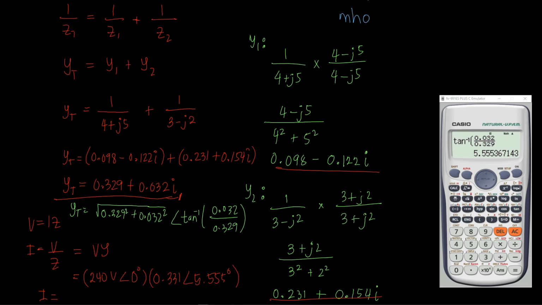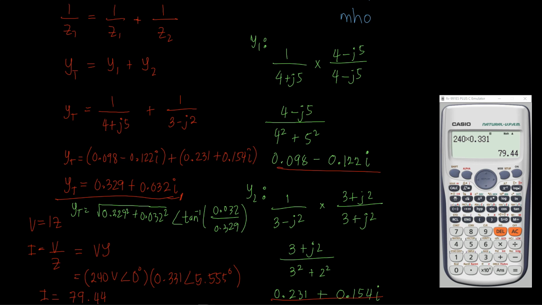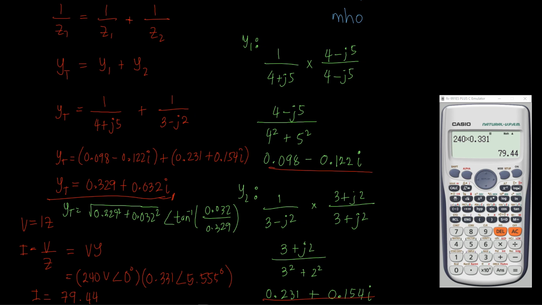Okay, since pag-multiply man ta, so we have I is equal to, i-multiply lang na to ang duha ka magnitude, so 240 times 0.331. We have 79.44. Okay, add lang ang duha ka angle.